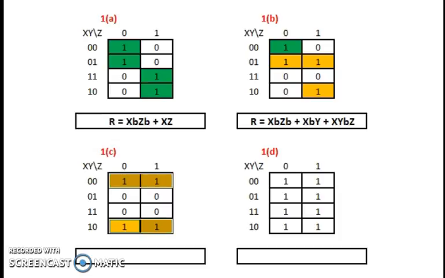So this will be the same group of 4 ones. You can obtain the output by comparing the variables X, Y and Z. Only Y does not change, which is from 0 to 0, so the output will become Y bar.